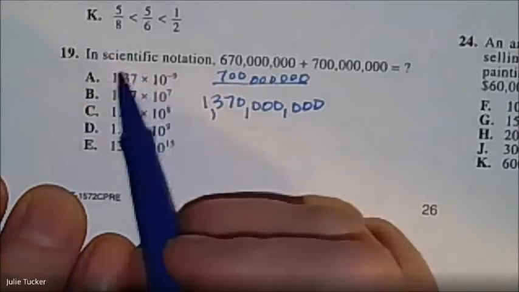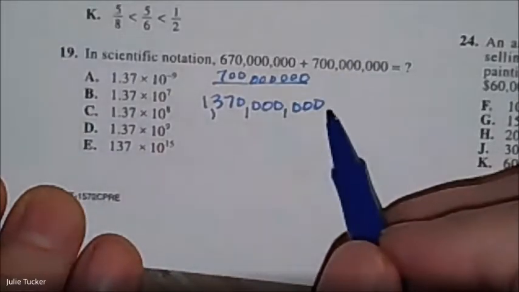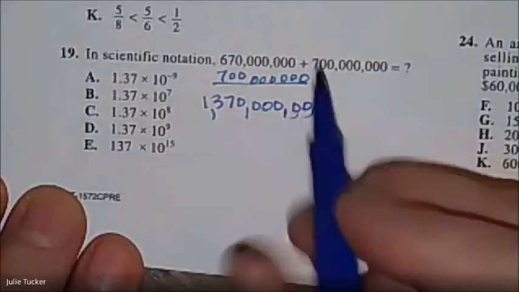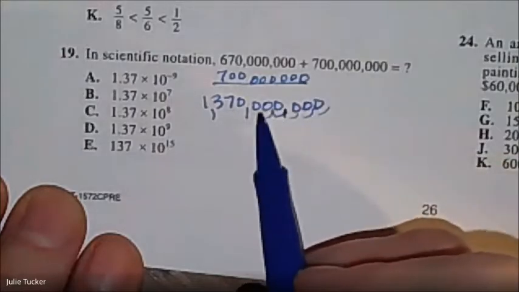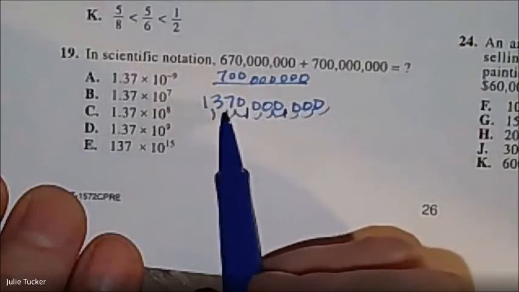They want to know which one of these is in scientific notation. So how many decimal hops do you have to take? You have to go 1, 2, 3, 4, 5, 6, 7, 8, 9. D.